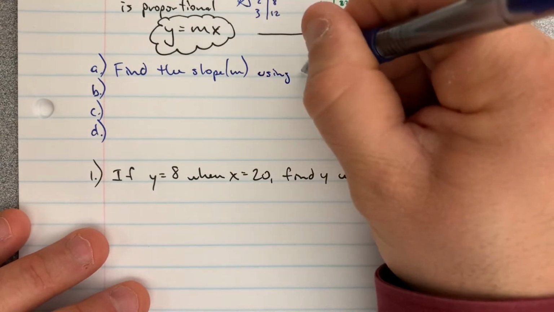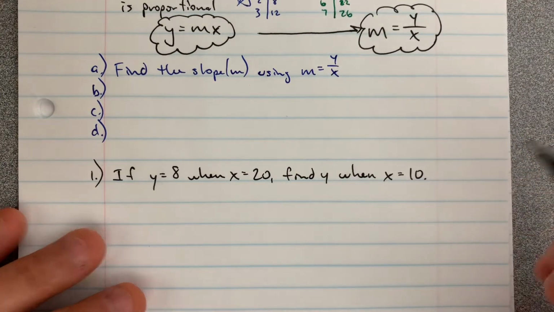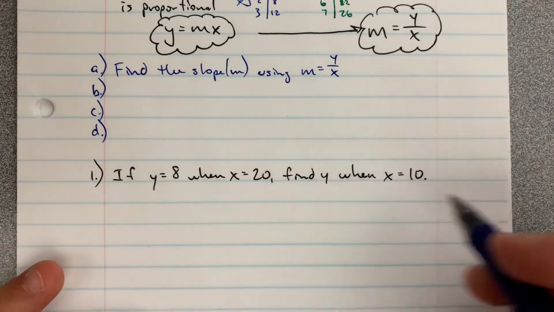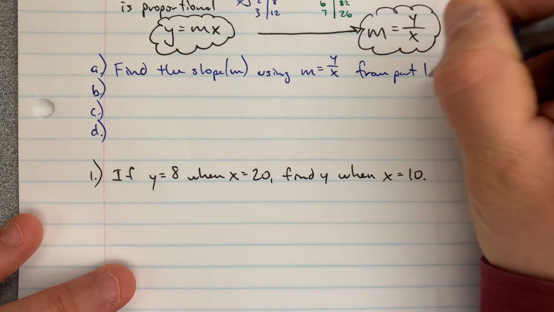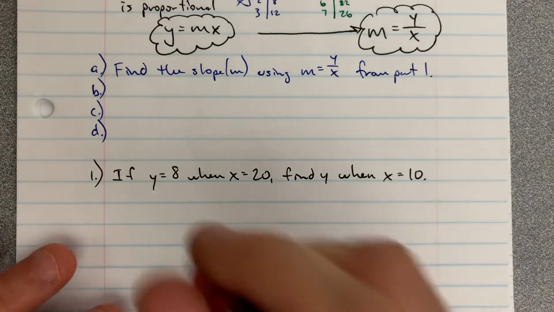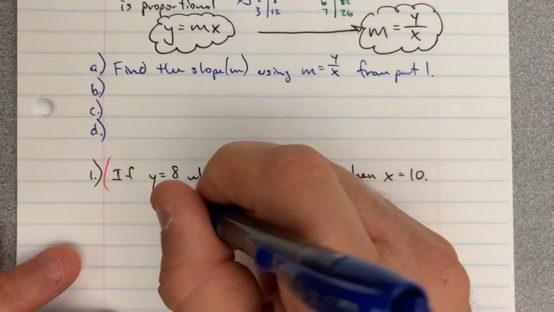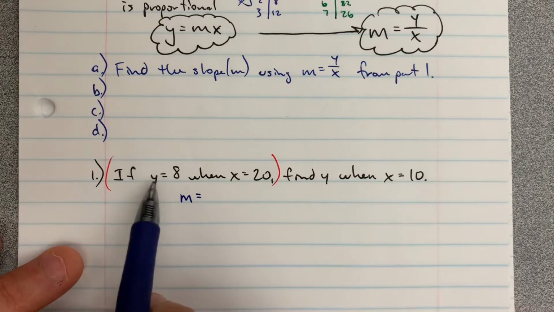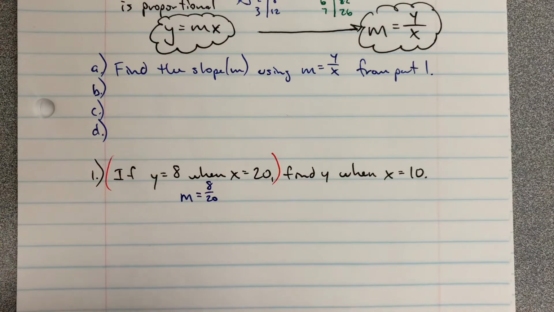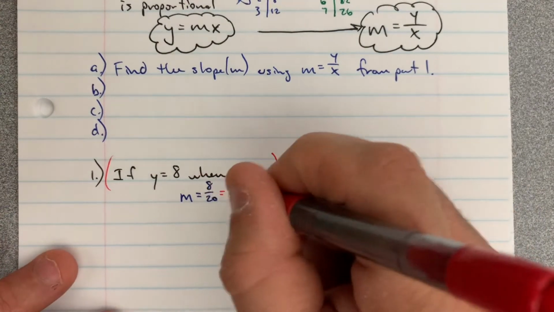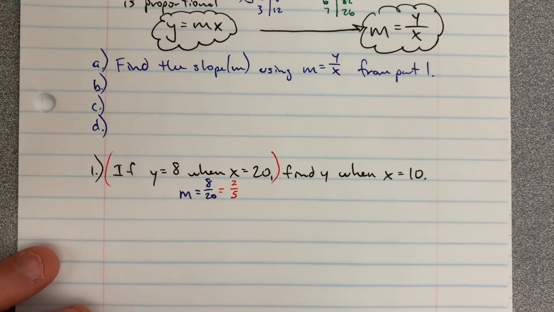Using our idea of m equals just y over x, not change in y over change in x, just y over x, because this information is proportional. So y is 8, x is 20, 8 over 20. Should I simplify that? Yeah, I should. That becomes 2/5. So that is our slope of this information.